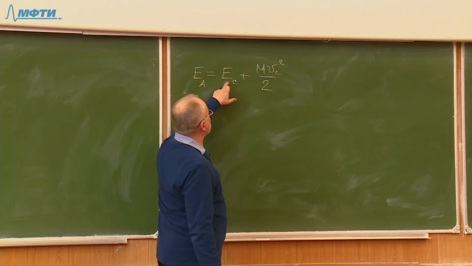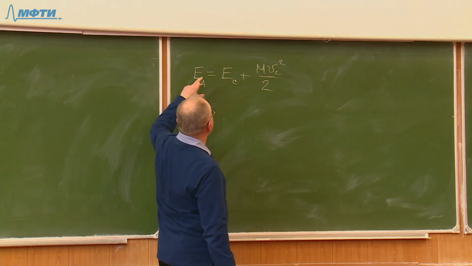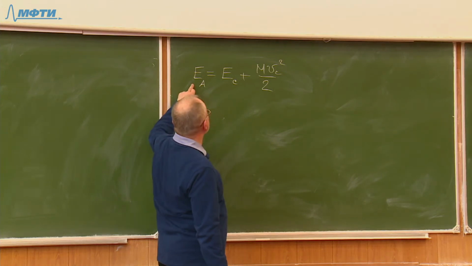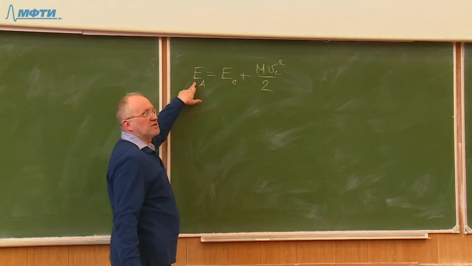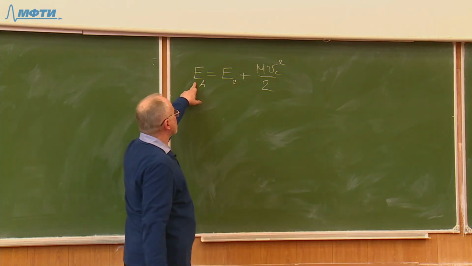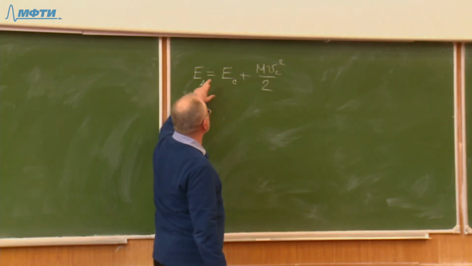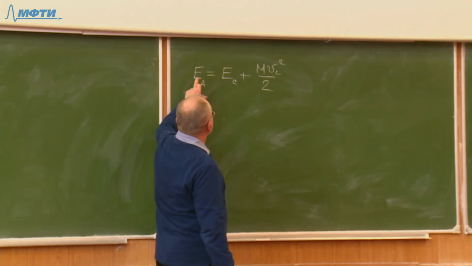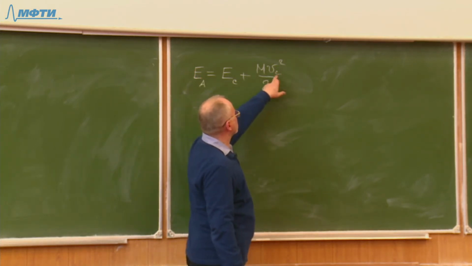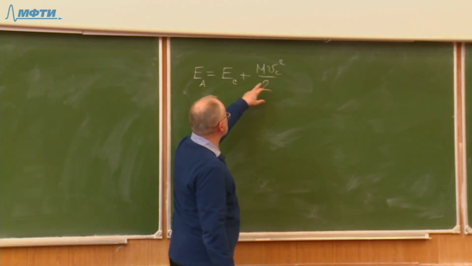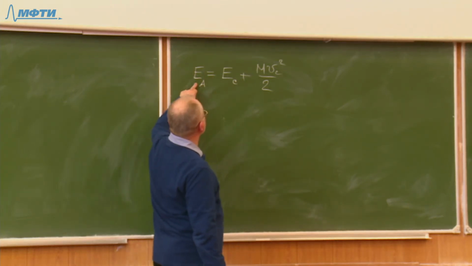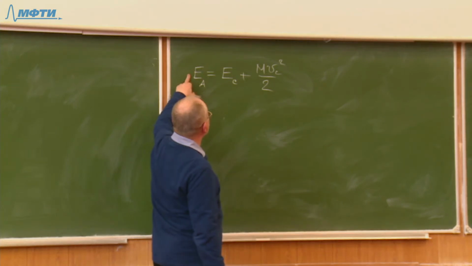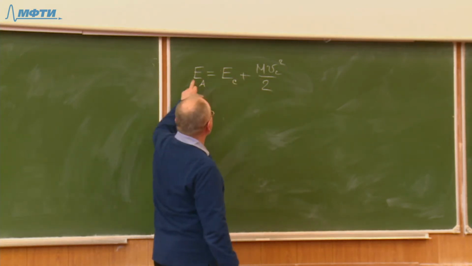But if we measure the kinetic energy of the solid in some other arbitrary system, which moves translationally with respect to the center of mass system, and the center of mass has the velocity Vc with respect to this new reference system, then in this new reference system the kinetic energy will be calculated according to this formula.